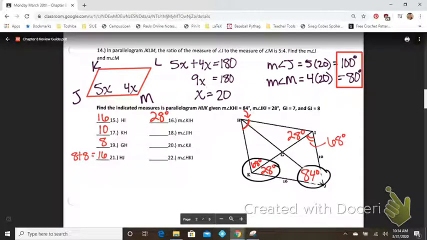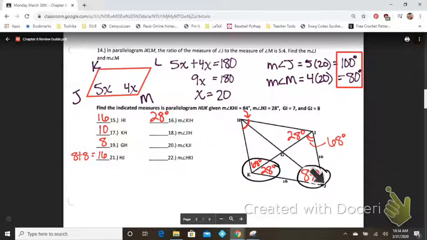Another way that you could go about reasoning about why these both have to be 28s would be to use your parallel lines with its transversal. If you look at these parallel lines and the transversal cutting them along the diagonal, these are alternate interior angles. They have to be congruent. So there are a couple different ways you could reason through that problem.